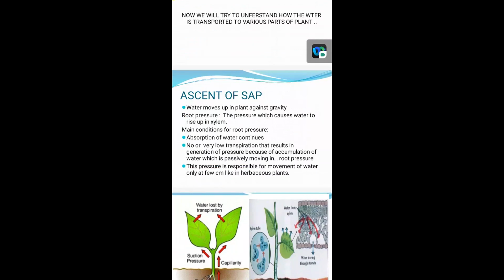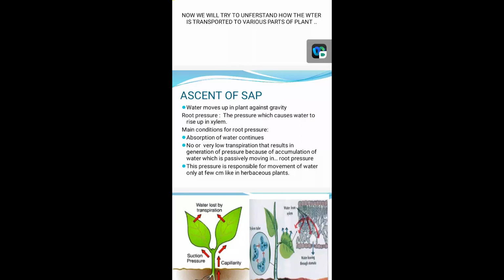So when the water is continuously moved into the xylem, when there is no transpiration, when there is no loss of water, what happens? The water is accumulated in the xylem. So this accumulated water creates a pressure, it is called the root pressure. So what are the conditions for the root pressure? Because of this continuous movement of water into the xylem, and when there is no transpiration, the water is accumulated, that generates a pressure called the root pressure.